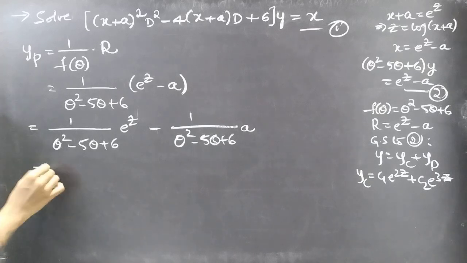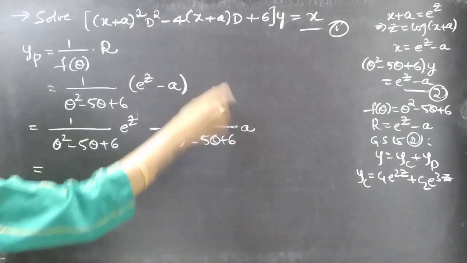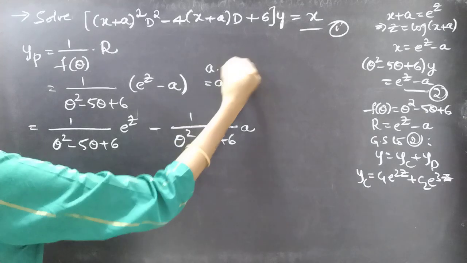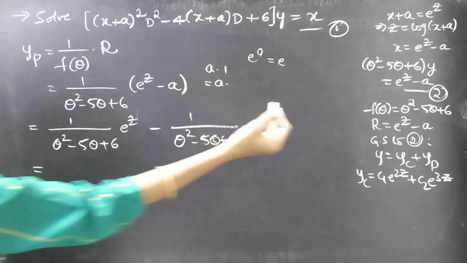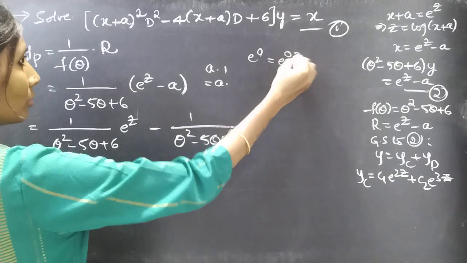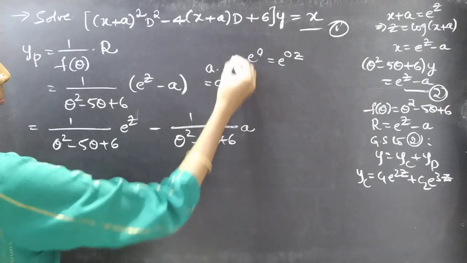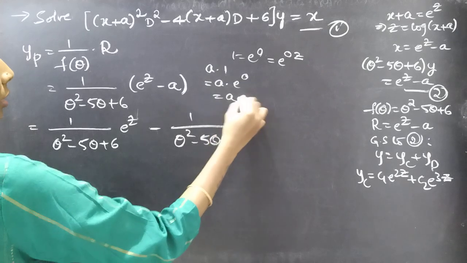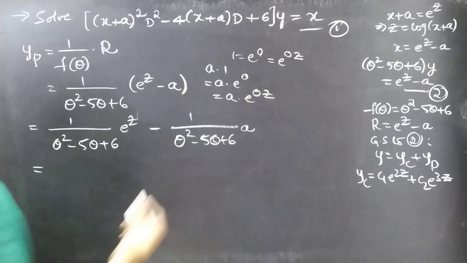So here we'll write this a as a into 1, since we know that 1 is e power 0, and we can write e power 0 as e power 0 into z, since 0 into z is 0 again. So a can be written as a into e power 0z.